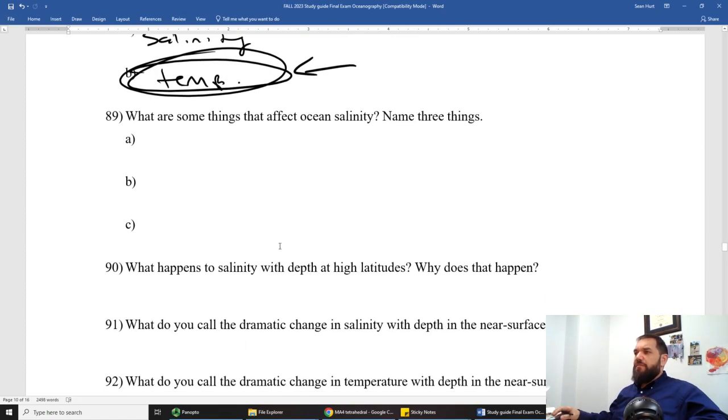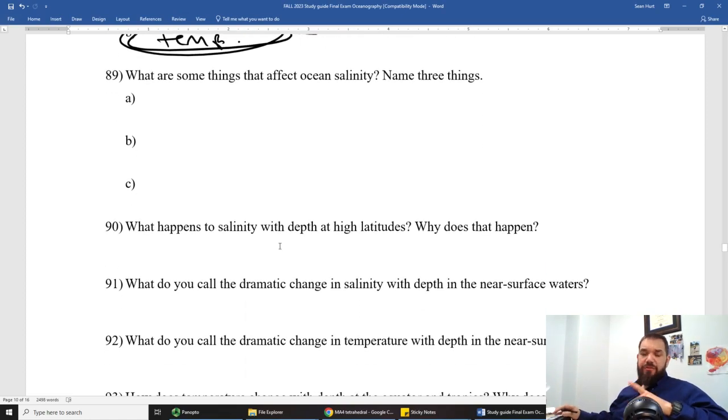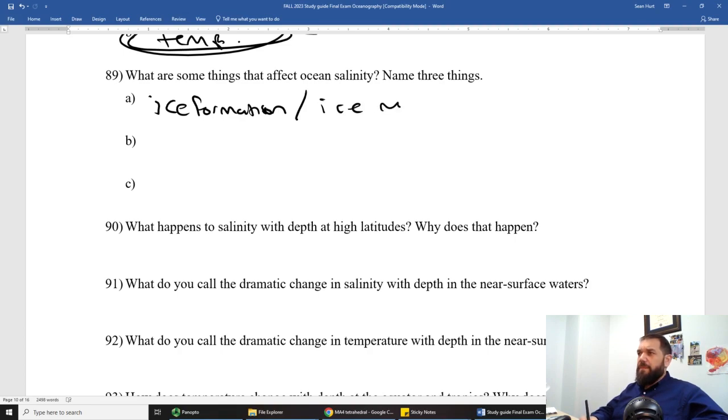Okay, what are some things that affect ocean salinity now? So now we're going to zoom in on salinity. What are some things that can affect it? Well, at the high latitudes, there's ice formation, right? This is like sea ice formation. Think of the Arctic or Antarctic circles, okay? So ice formation and ice melting. When ice forms, it basically forms out of pure water.